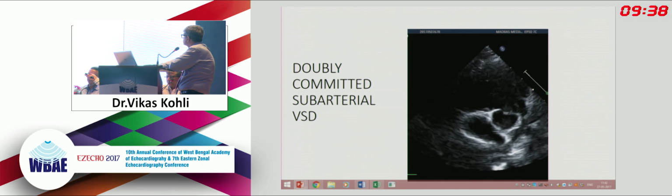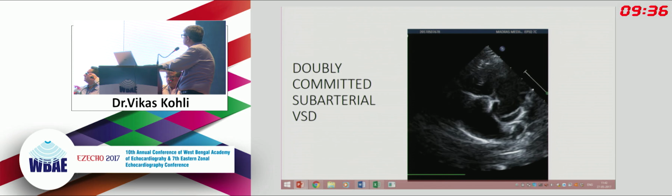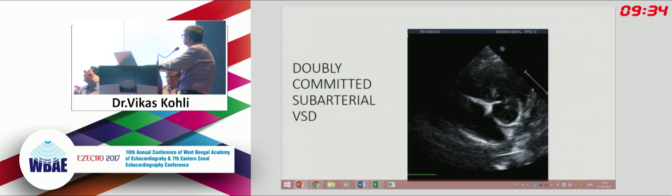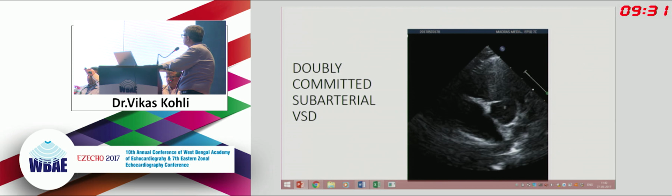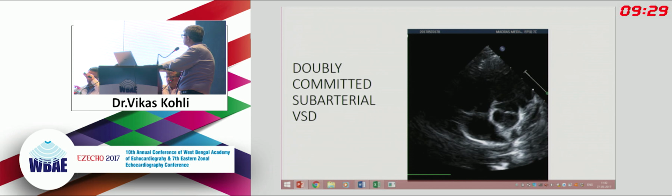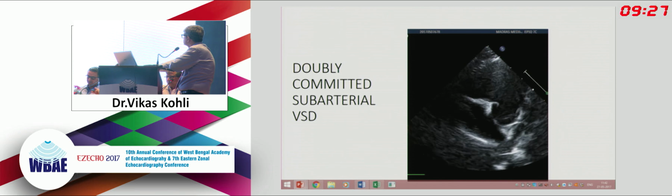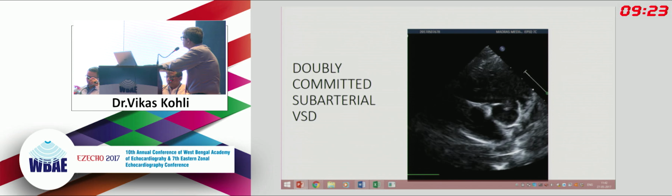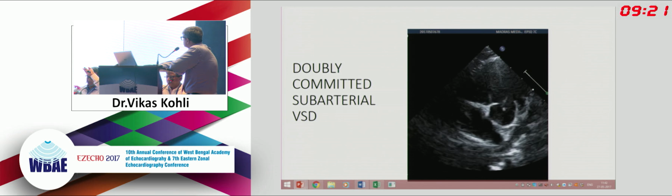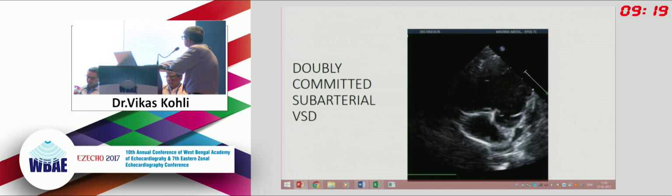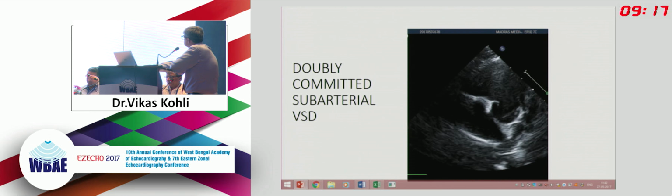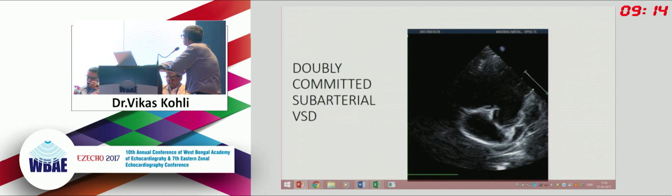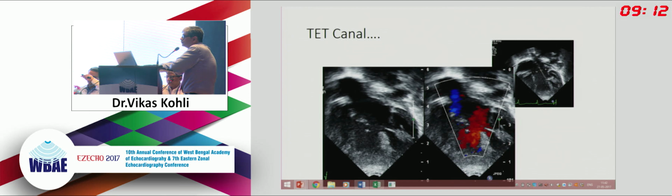This is the aorta, this is the pulmonary artery annulus, and this is the VSD immediately below the pulmonary valve. We will see the turbulence. This variety is also called the doubly committed VSD, like the Mexican variety of tetralogy. They will have obstruction at the annular level, and they usually end up having a transannular patch, though the obstruction is not in the infundibular region.